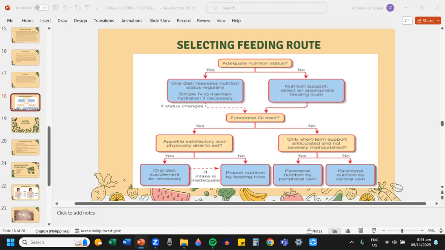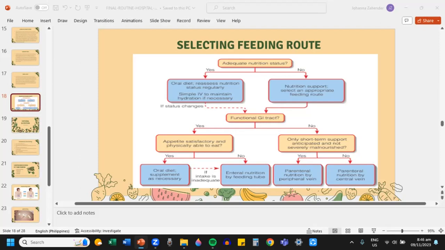If severely malnourished, then they will give parenteral nutrition by peripheral vein. If the patient is not severely malnourished, then they will give nutrition by central vein. So ito siya, the difference between your peripheral vein and central vein. Itong si central vein, these are used for solutions or IV fluids that are quite heavy.